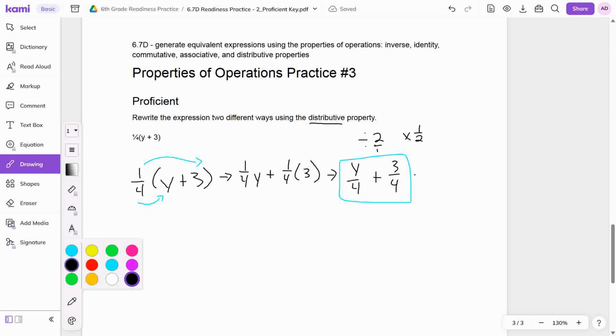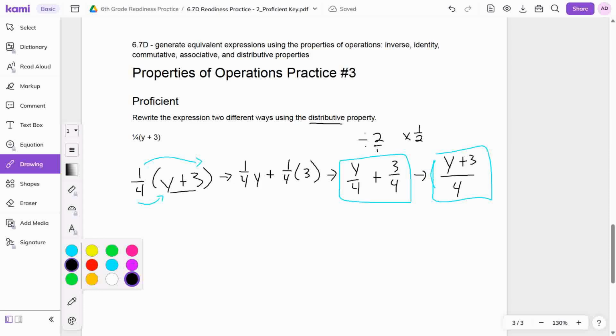You can take your y plus 3, and you can divide everything by 4. And this works as well, because really what you would do is keep this initial term together and just change the multiply by 1/4 to dividing by 4. So those are two different ways that we can do this.